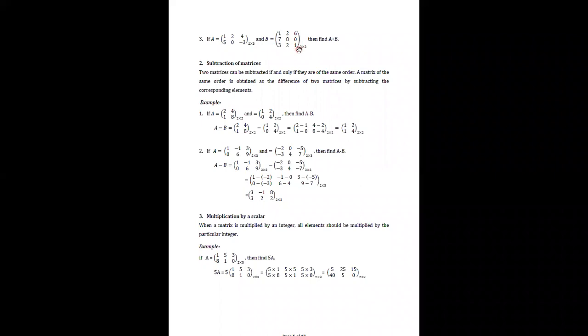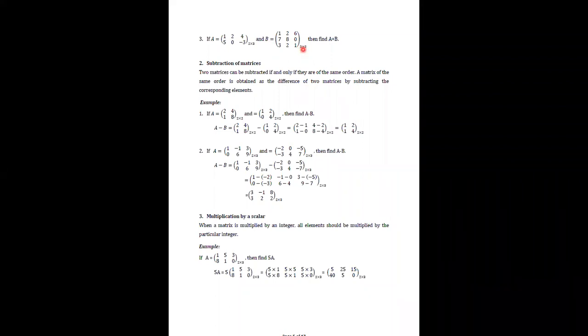Matrix A has order 2 by 3 and matrix B has order 3 by 3. Therefore, the order of matrix A is not equal to the order of matrix B.